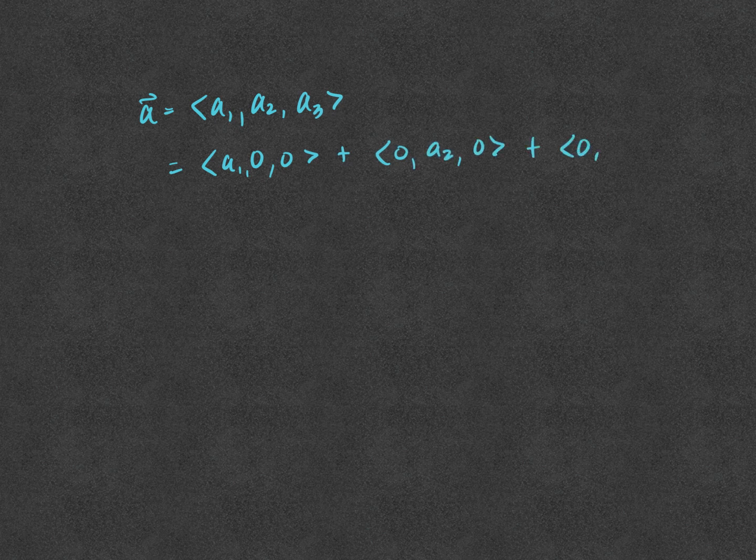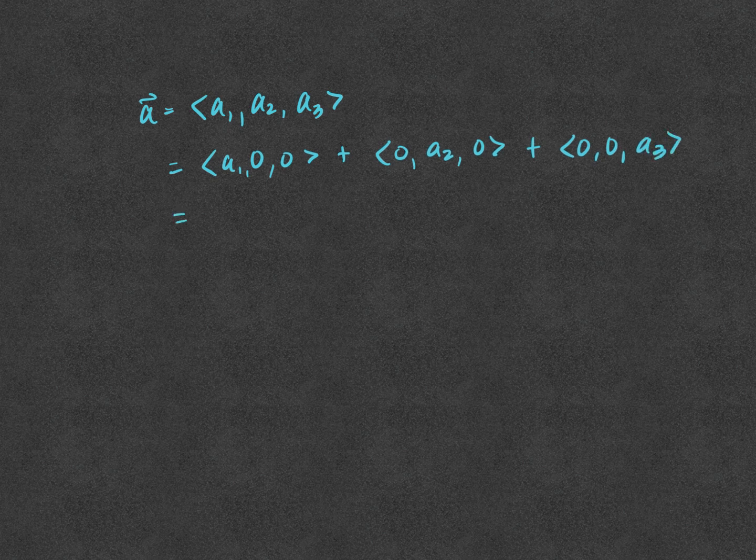So let's think of A in 3 space. We're going to work in 3 space as A1, A2, A3. Now, what we could do is split this up into A1, 0, 0, plus 0, A2, 0, plus 0, 0, A3.